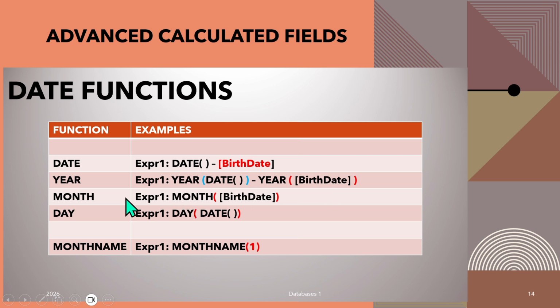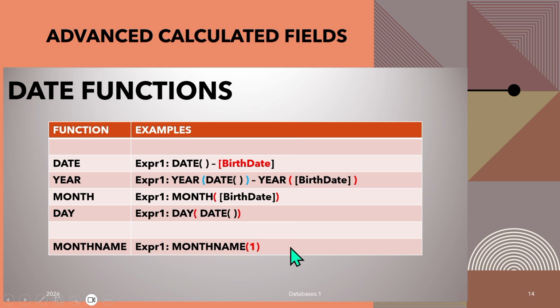If you want to generate the month, you use Month and the birth date. Then Day, if you want to look at today's date, you can use this function. If you want the month name, put 1 for January, 2 for February, so you can just play around with these numbers.